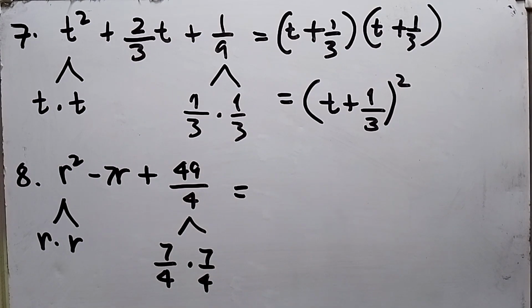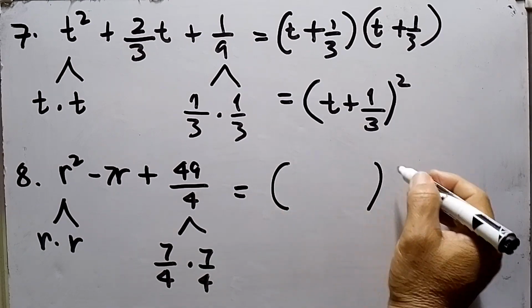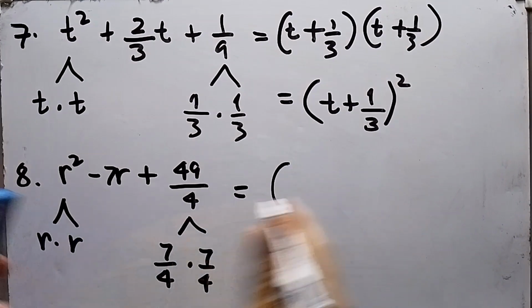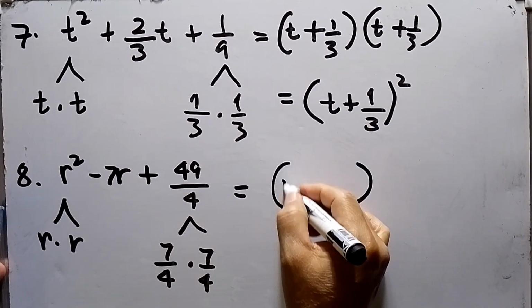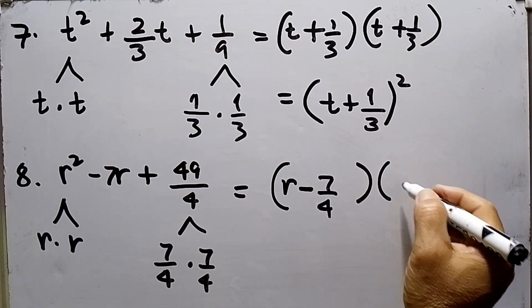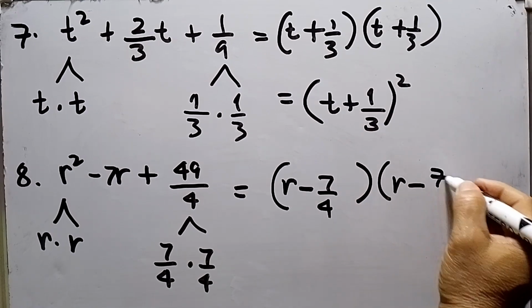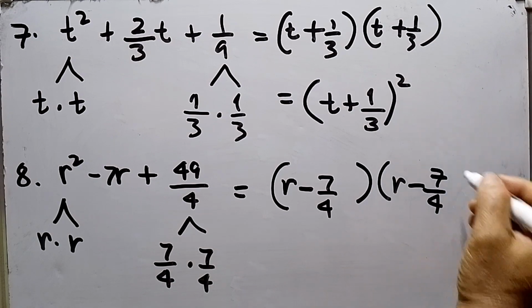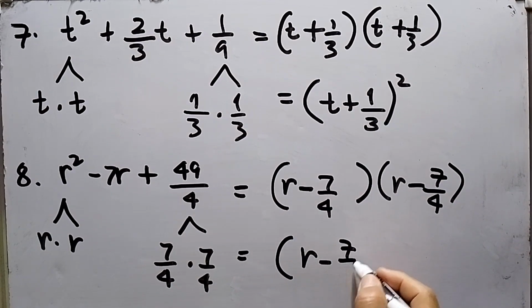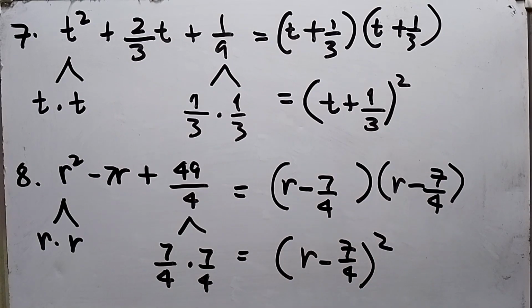So factors are, take note, the middle term is negative and the last term is positive. So this will be r minus 7 over 4 and then r also minus 7 over 4. So to write simplest form, r minus 7 over 4 squared. So that's number 8.